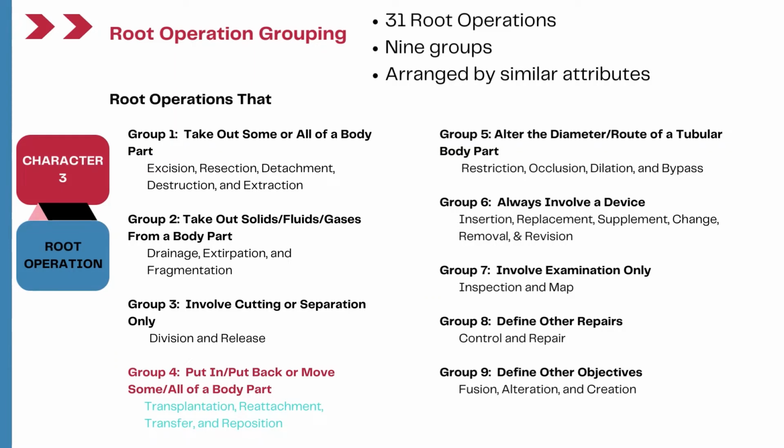Now, there are a total of 31 root operations in the medical and surgical section, and these root operations are divided into 9 groups based on similar attributes of surgical procedures. Today, we are looking at the fourth group, which talks about root operations that put in or put back or move some or all of a body part.